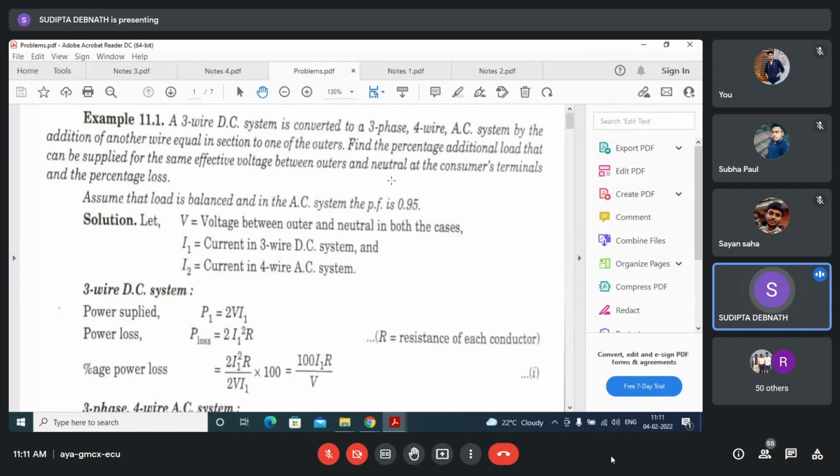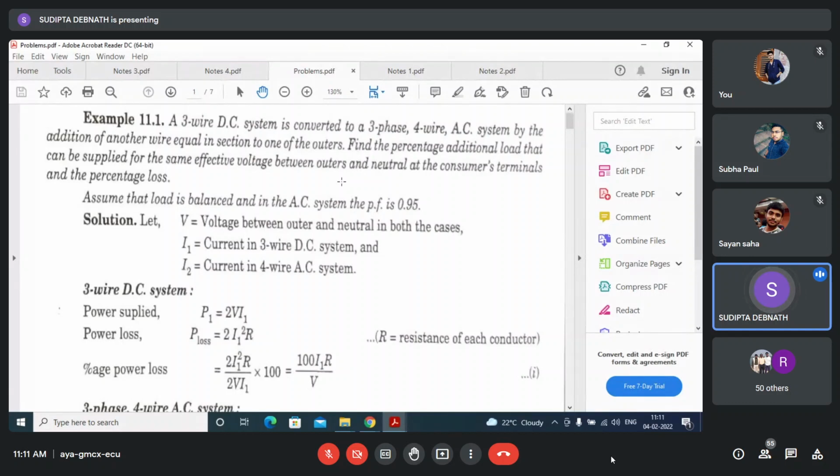Okay, that means the neutral point is connected to the earth. So between outer and neutral, till now you have considered the voltage between outer and neutral. Sometimes for derivation it is not mentioned whether it is an underground or overhead system. It will only be mentioned where you consider the voltage between two conductors the same, or the voltage between one conductor and earth the same.